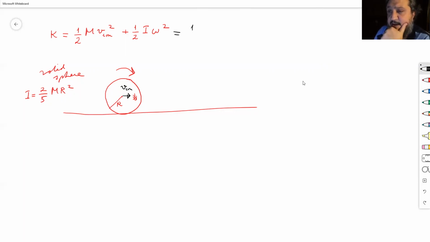So we have 1/2 m v_cm squared. Now in the second term, 1/2 I omega squared, this comes from the rotational kinetic energy. Then I, which is 2/5 m r squared, times omega squared.